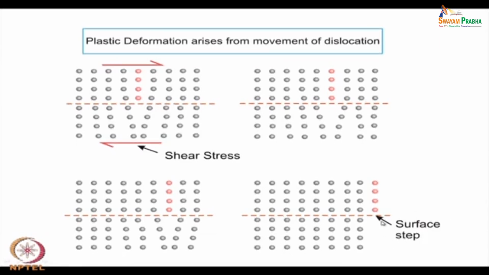So, there is a deformation, and that is what it shows: a surface step is formed when the dislocation is moving. So, the dislocation is not a stationary one, okay. A dislocation can be mobile under different circumstances, particularly if you apply stress, it will start moving.